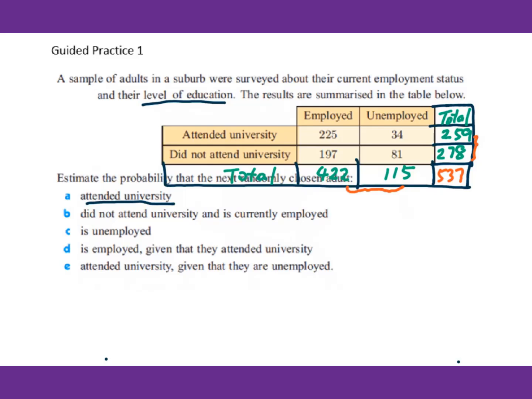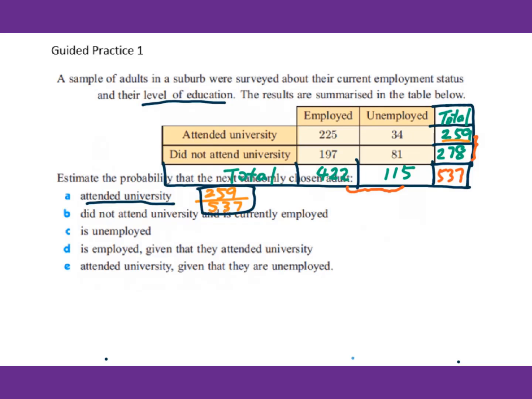Basically, we know 537 people who did the survey, and those who attended a university, which means this number, 259 over 537. Leave your answer as a fraction.